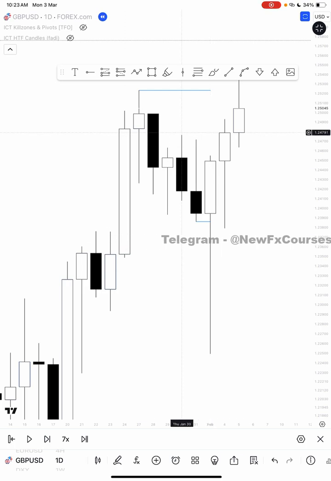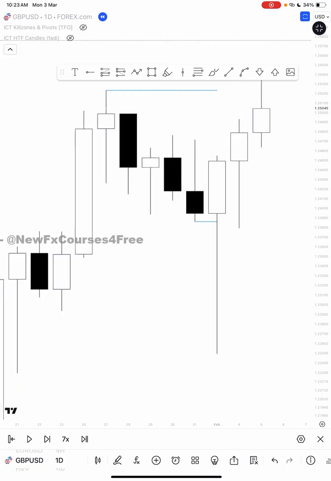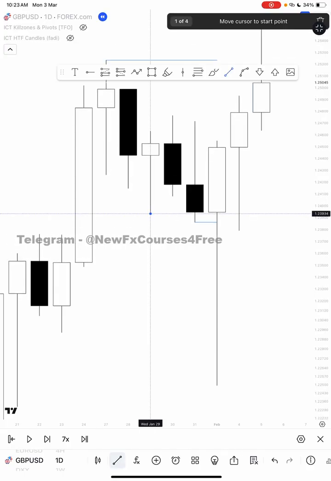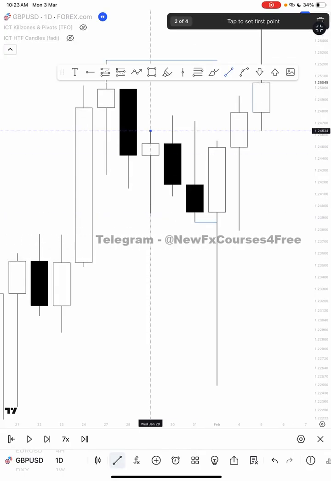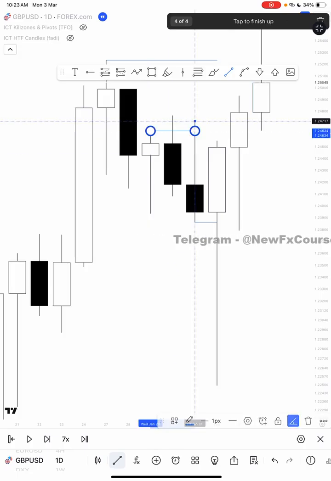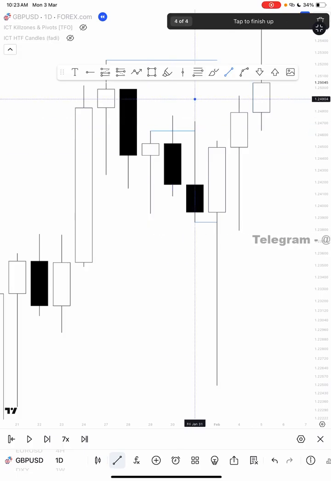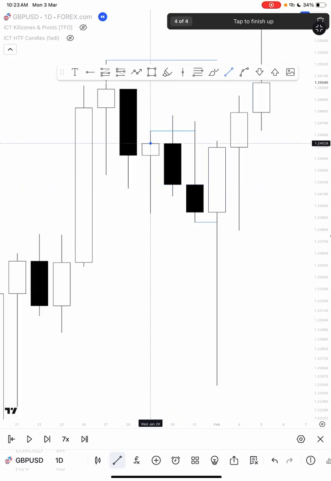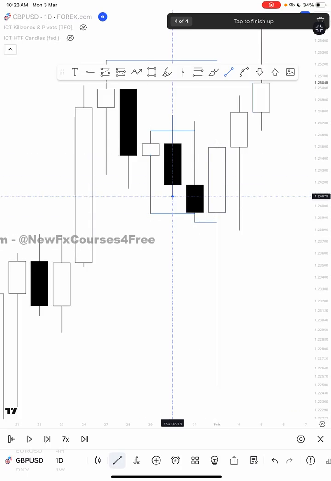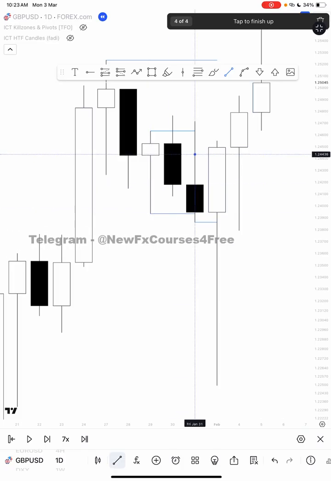This was previous week's price action. This was Monday, Tuesday, Wednesday, Thursday, and Friday. Here you can see we swept Wednesday's high on Thursday with this move and closed back into the range. You can target Friday's low, Wednesday low here.